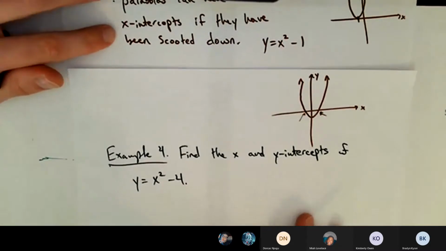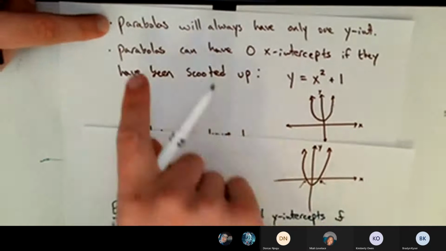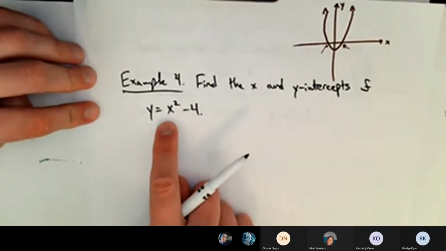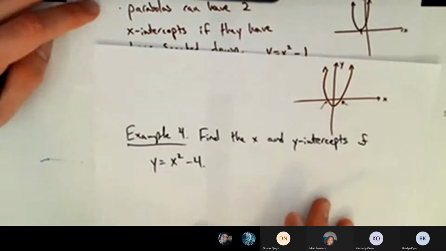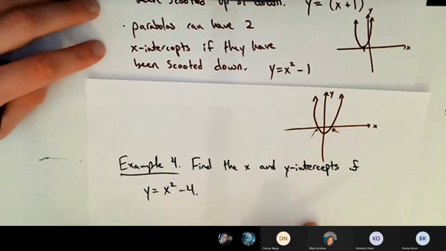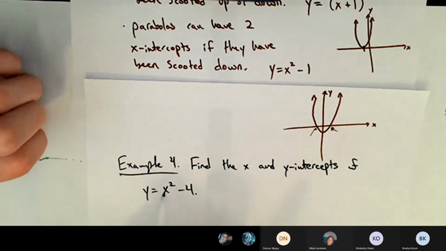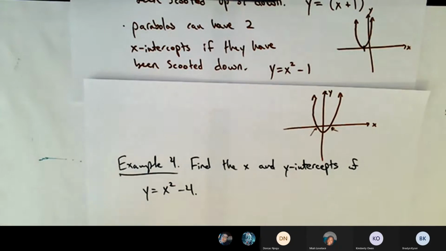Based on the facts up here, we should expect one y-intercept because parabolas will always have only one y-intercept, and this is clearly a parabola based on what we said earlier. And we should also expect two x-intercepts because we recognize that something has been subtracted from the outside of the x squared here. That means it should be shifting down, so we should expect two x-intercepts.